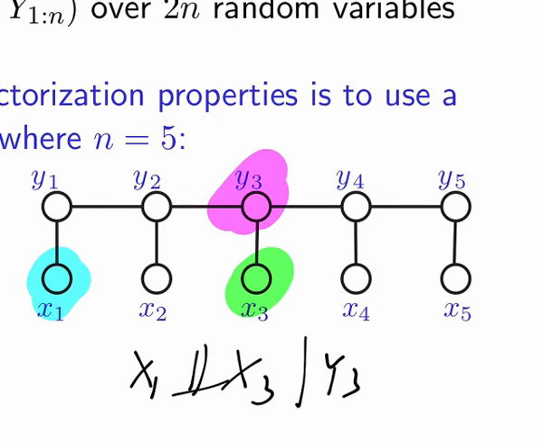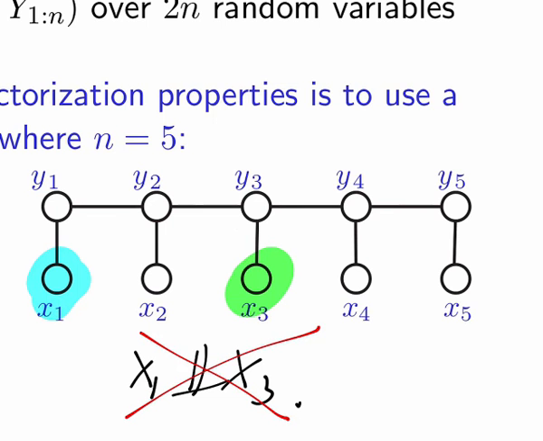Okay. Now, one thing it doesn't say is that x3 is independent of x1. That is not a valid independence statement. Why? Because there's nothing to separate. When you don't condition on anything, nothing is independent.